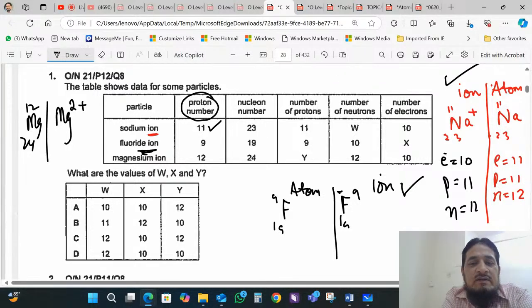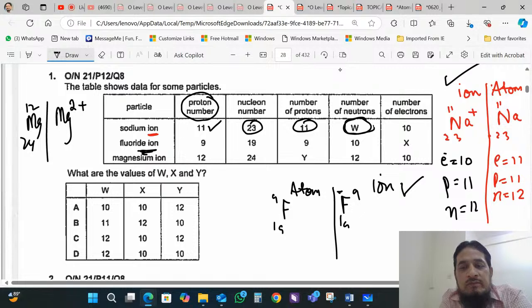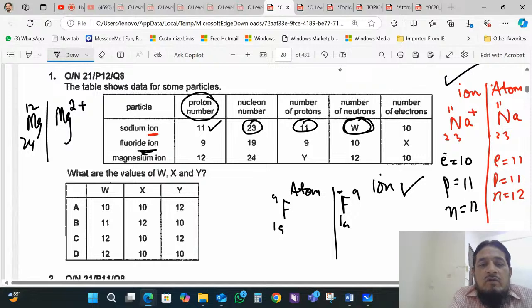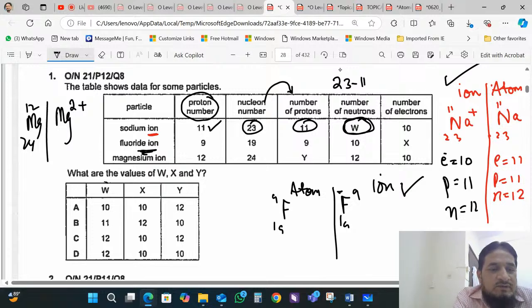This is 11. The nucleon number, yes, this is 23. Then the number of neutrons, he has written W. W is the number of neutrons. How are we going to find the number of neutrons? This is the nucleon number and this is the proton number. So 23 minus 11, W will be 12. So the answer will be C or D.